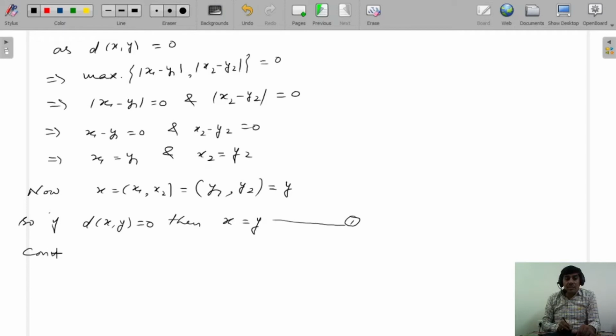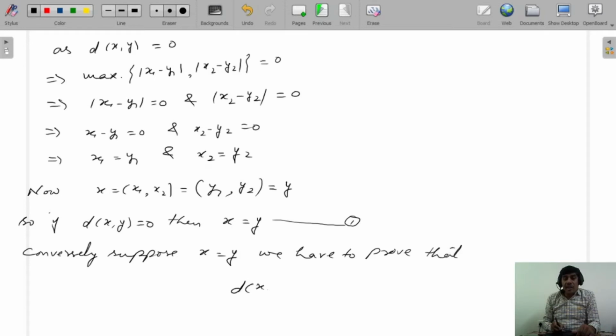Conversely, suppose x is equal to y, we have to prove that D(x, y) is equal to 0.